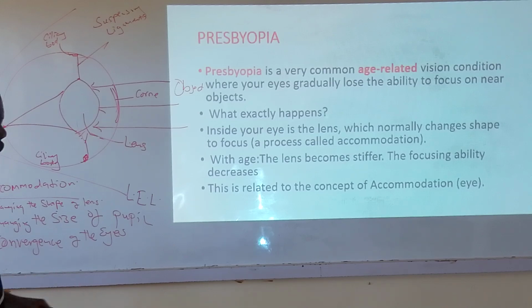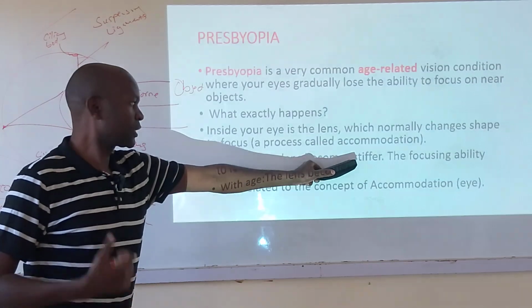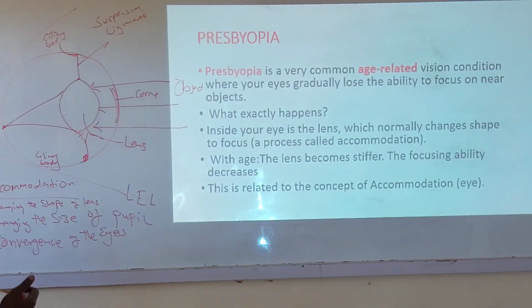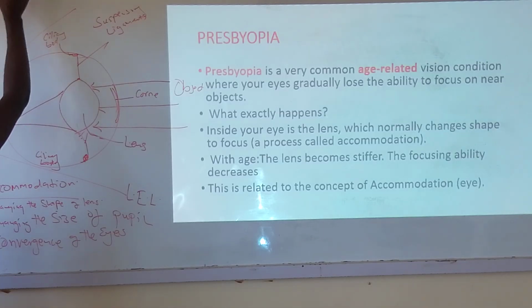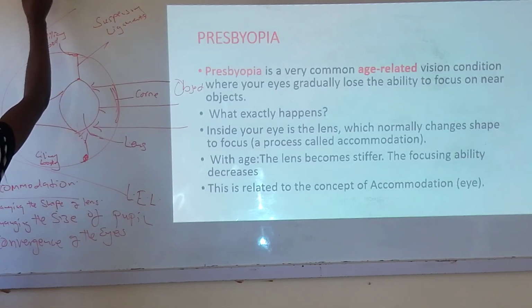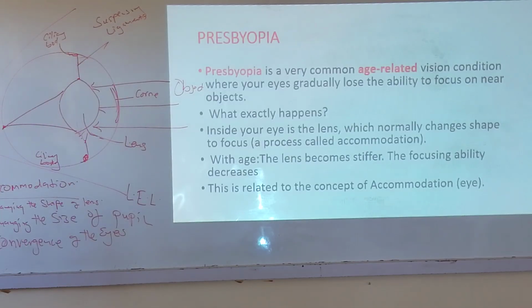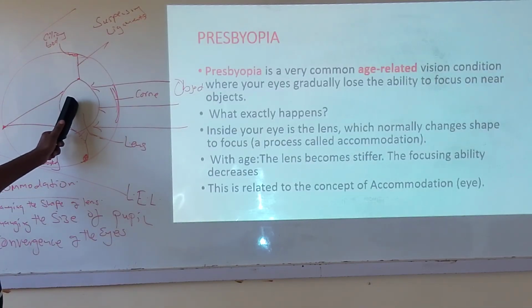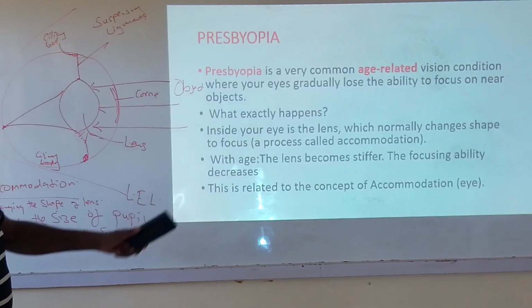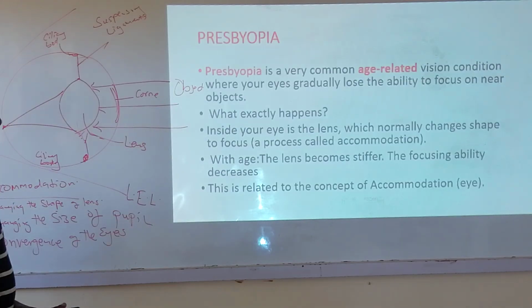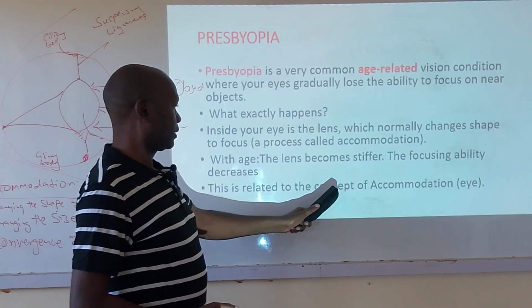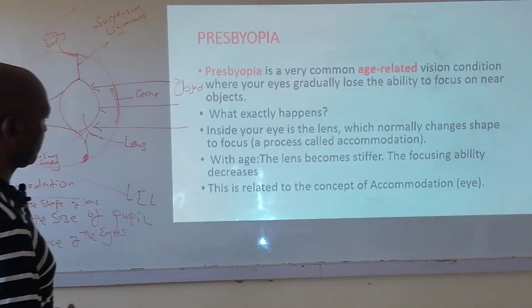But with age, this lens becomes stiffer, meaning they lose their elasticity. Meaning they will not be able to bend and focus on the object. So this is related to the concept of accommodation, as we have explained.